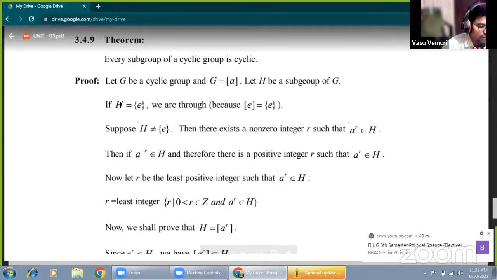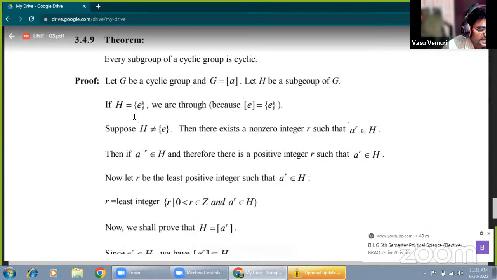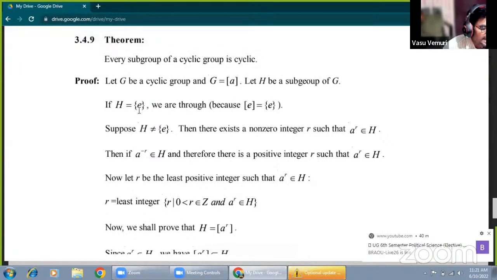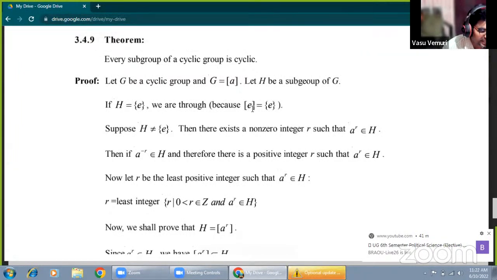First of all, H equals the group generated by e, where e means identity. Given that the subgroup has at least the identity element, only the identity element is generated in the subgroup.